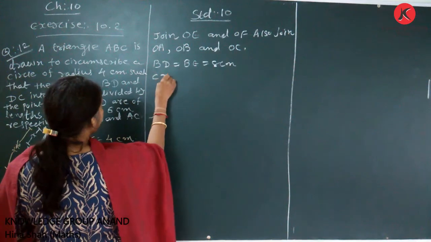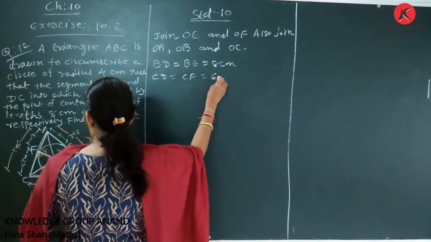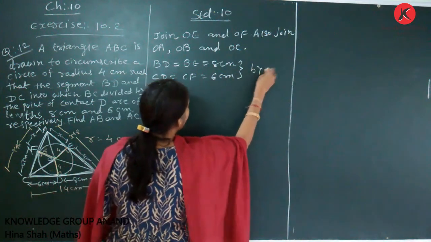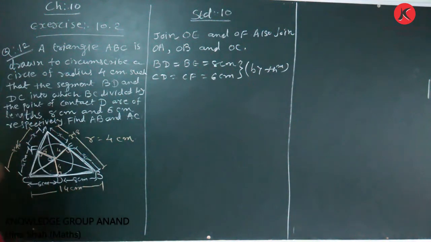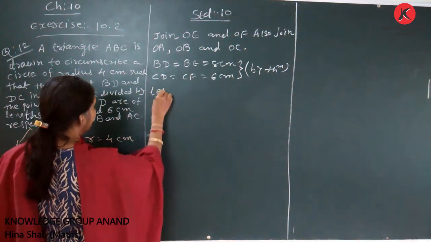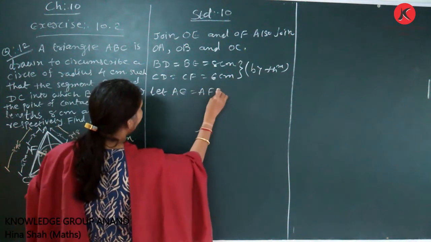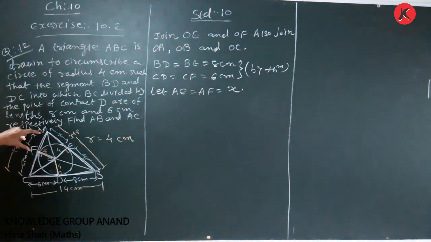Similarly, CD is equal to CF is equal to 6 centimeter, by using the theorem. Now, let AE be equal to AF equal to x.